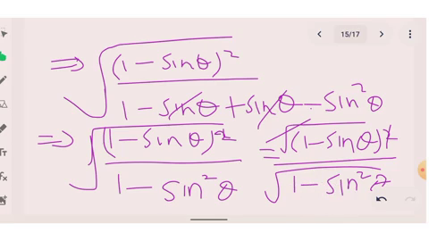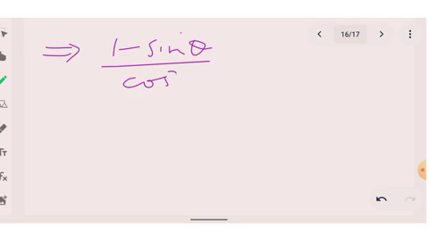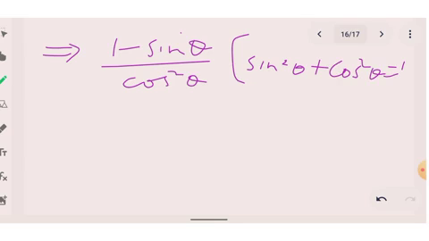So we are going to be having 1 minus sine theta over cos square theta, because sine square theta plus cos square theta is going to give us 1.